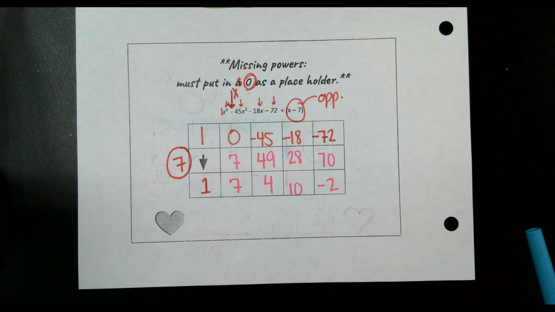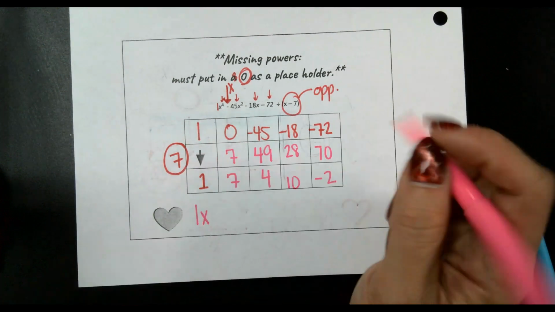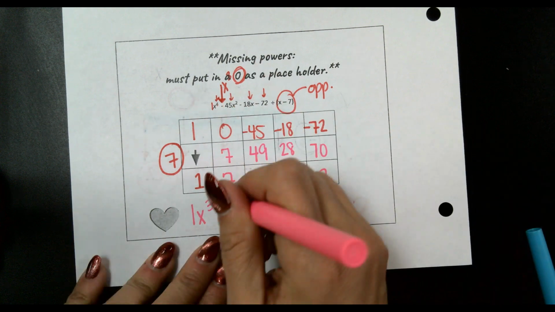Okay. So now, to write your final answer, 1x to the what? This is important. You guys have to know. No. It was a 4, so you drop 1 to 3. Plus 7x, what?